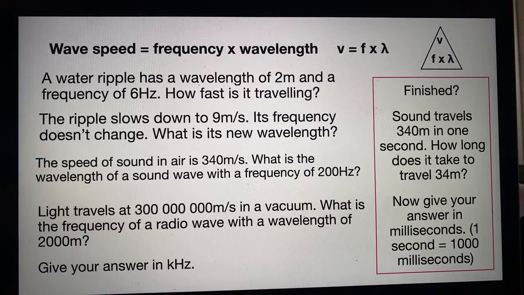While you're doing that, I'll draw a lovely kind of unnecessary diagram on the board.